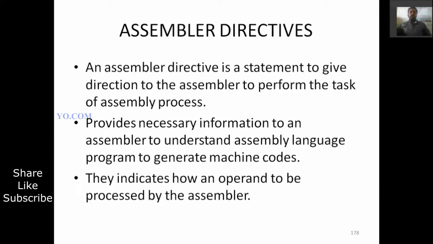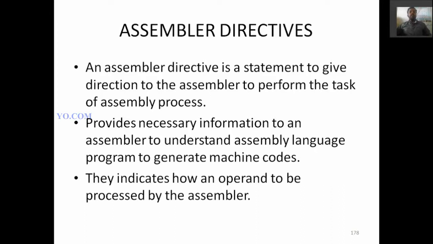Assembly process means the assembly language into machine language conversion process. Assembler directives provide the necessary information to the assembler to understand the assembly language program and generate machine code. They indicate how an operand is to be processed by the assembler.